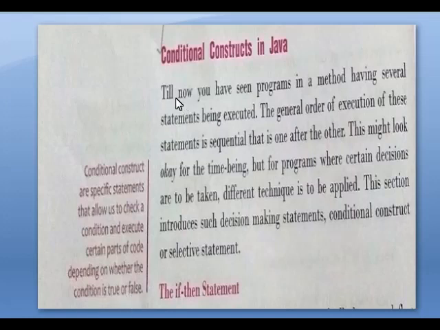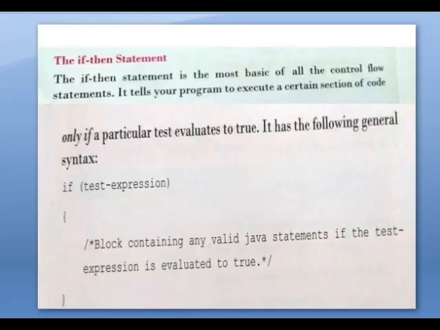The first conditional construct statement is the if-then statement. We are going to see the statements one by one. The if-then statement is the most basic of all the control flow statements. It tells your program to execute a certain section of code only if a particular test evaluates to true.